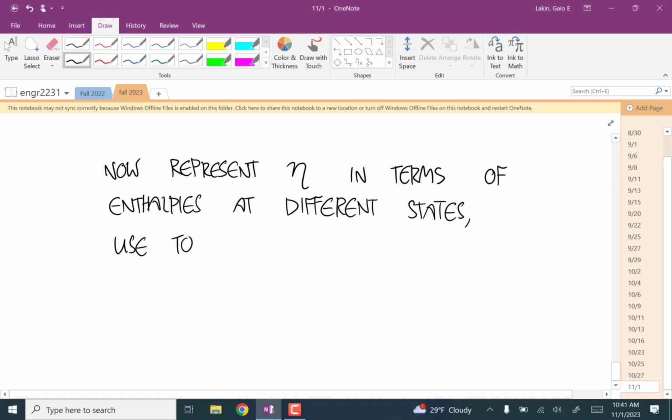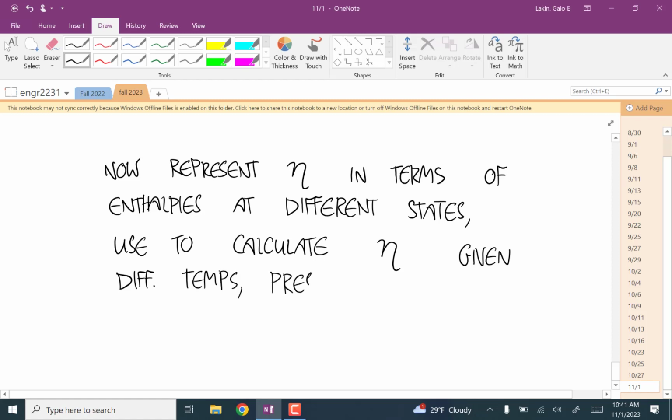Okay, so we're going to use that to calculate the efficiency given different temperatures and pressures.